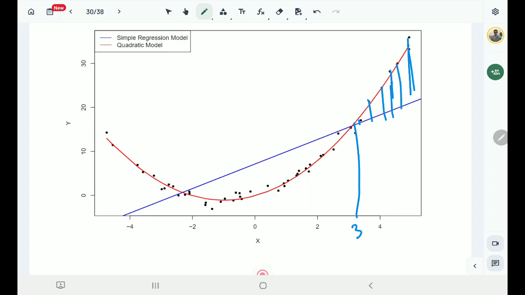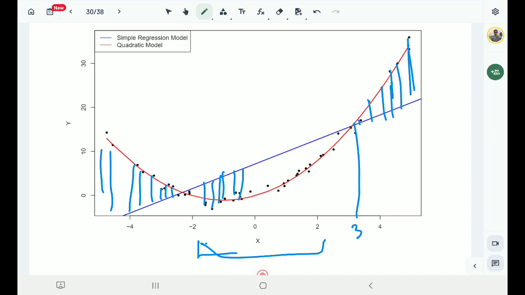Because all errors, all residuals are going to be positive. And the same goes for the values less than -2. Here the deviations of data points from the line are all positive. Meanwhile, in the middle region, the deviations of the data points from the line are all negative. So there is some kind of pattern here. And obviously this model cannot be the true model.